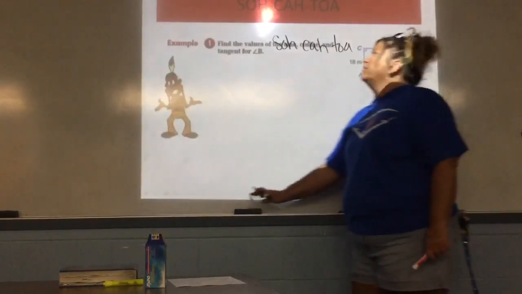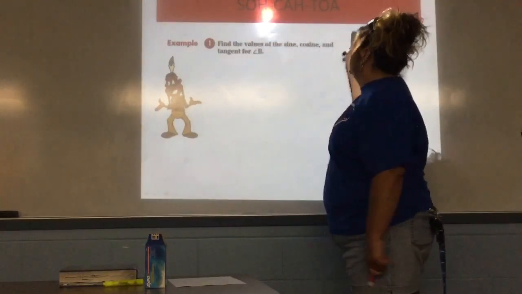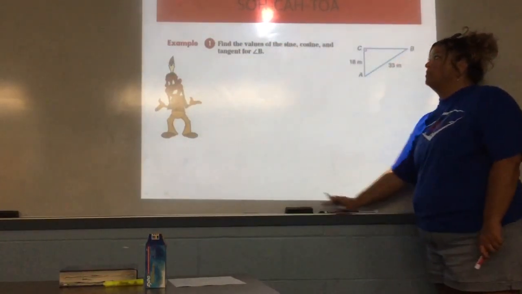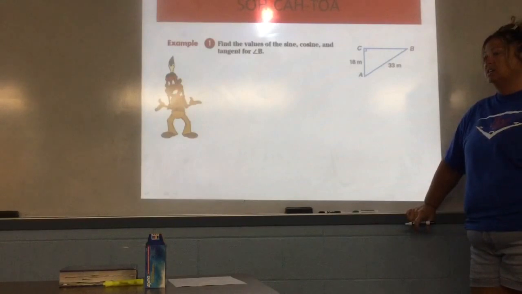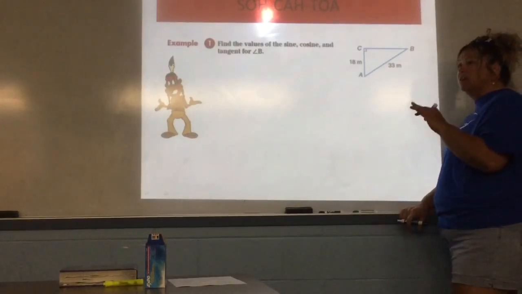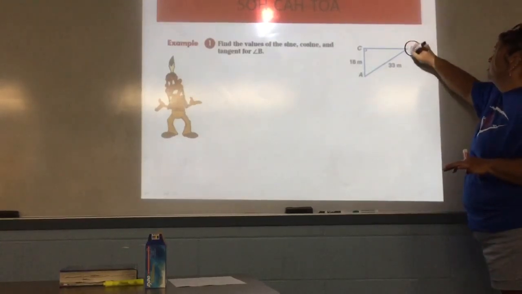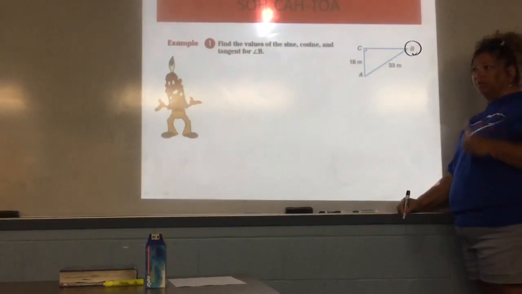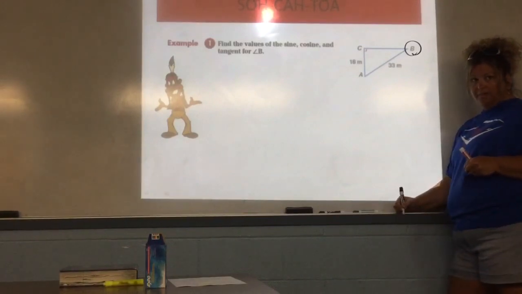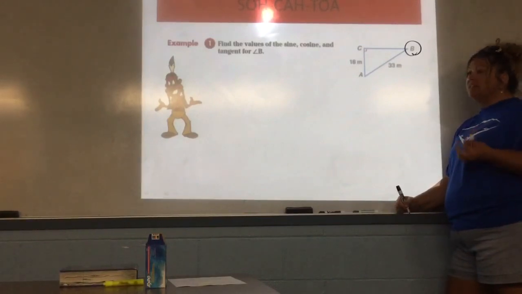Alright, so what they want us to do is write the value for sine, cosine, and tangent for what angle? B. Okay, whatever angle they're talking about, I think it's a great rule of thumb to circle it, so I don't forget where I'm starting at. And then I like to label my triangle.